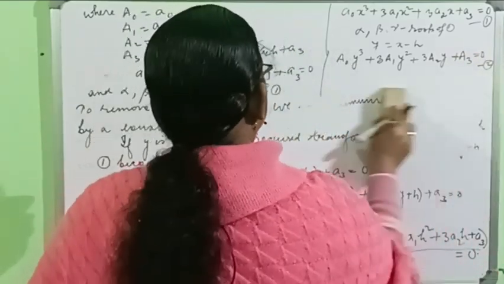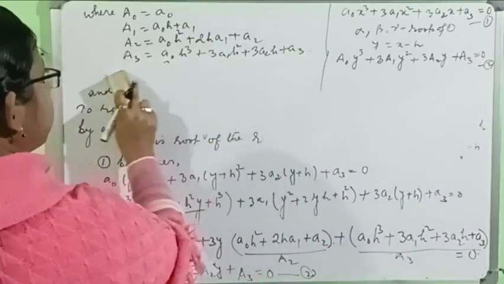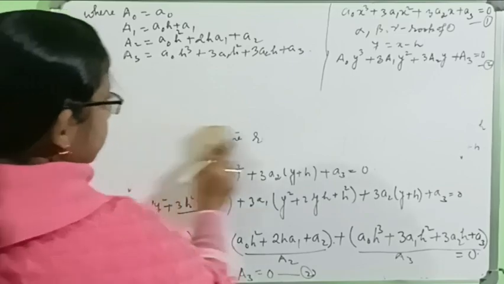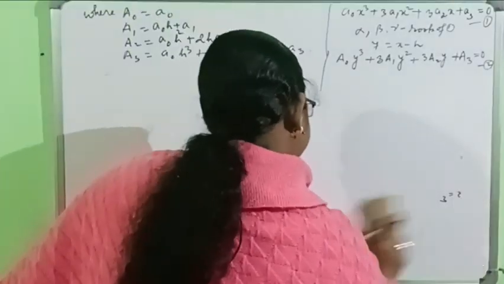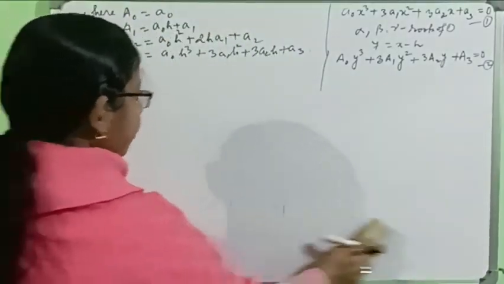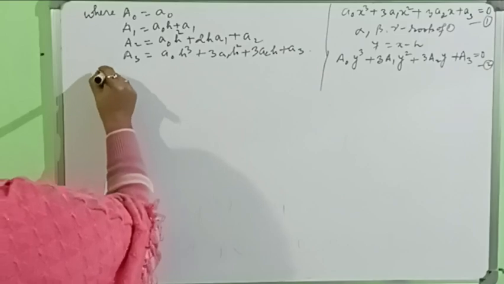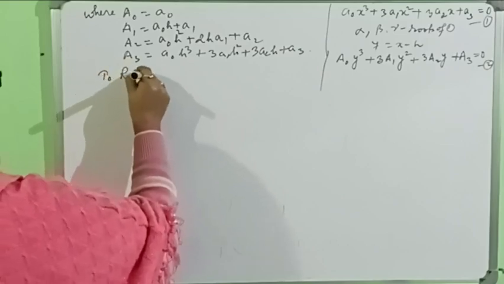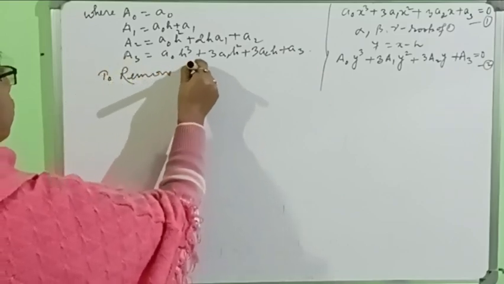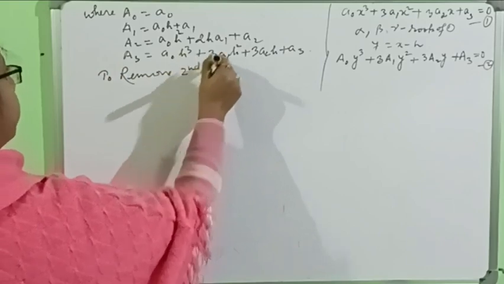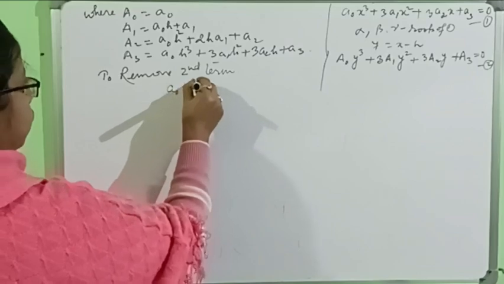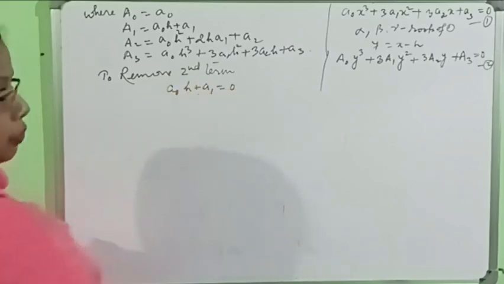Now we are going to find out these values one by one. To remove the second term, a1 becomes 0, that is, a naught h plus a1 is equal to 0.